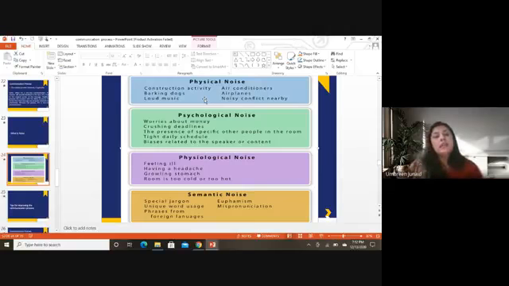The second is psychological noise. Worries about money, maybe crushing deadlines, the presence of specific other people in the room, tight daily schedule, biases related to the speaker or content. Sometimes whoever is speaking, whoever is giving you the message, you don't like that person. So maybe he's giving you a good message.